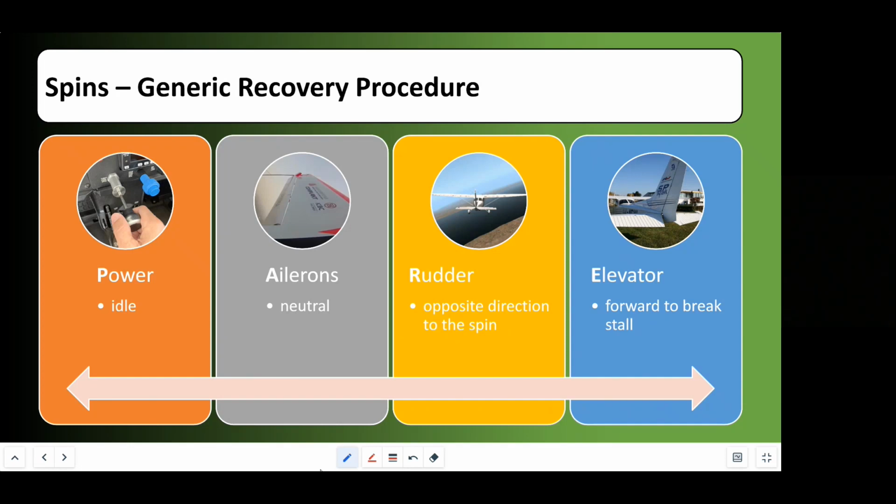Rudder in the opposite direction to the spin. And then the elevator. You must push the yoke forward to break the stall, as far forward as you need to move it to break the stall. Then, of course, you have to recover from the resulting dive after that. So you should know about that.